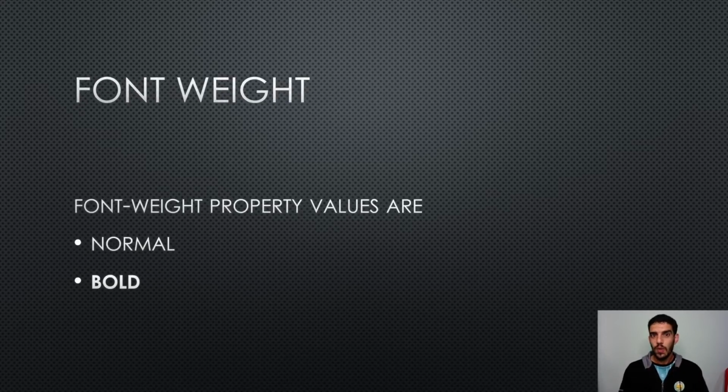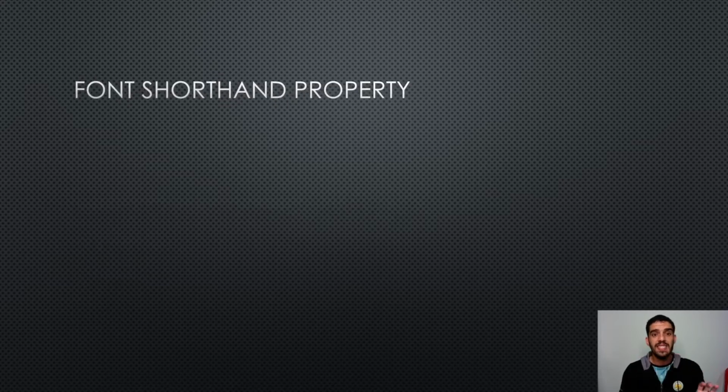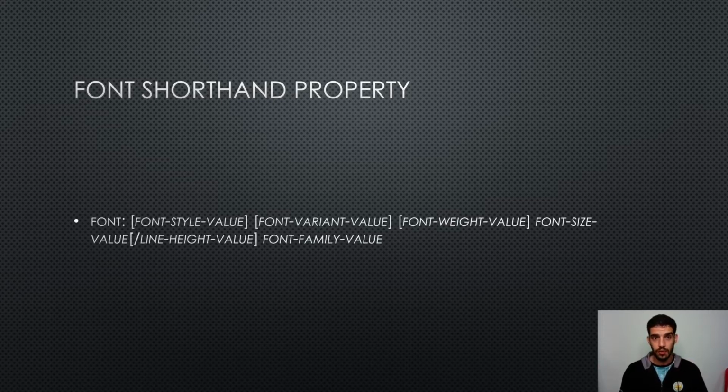Okay, so we introduced a variety of font properties, and there is an easy way to include them. I mean, instead of having font family and then the value, and after that font size and the value, and then font style and the value, there is a shorthand property which combines all of these properties in one sentence, as you can see in front of you.